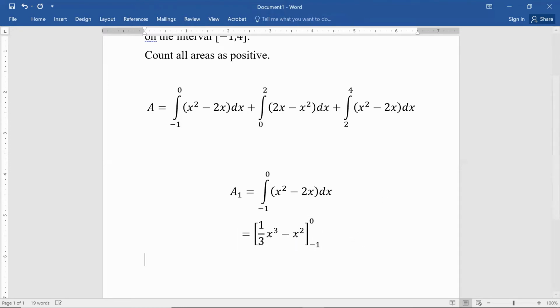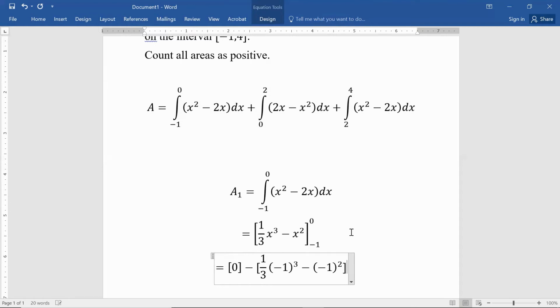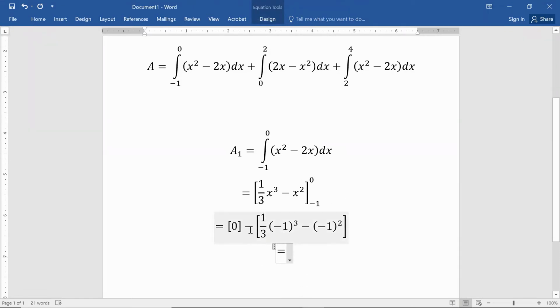Then I can plug in 0. This is a nice polynomial, so plugging in 0 gives me 0. Minus, what do I get when I plug in -1? I get 1/3 times -1 to the third power minus -1 squared. When it's all said and done, 0 doesn't do anything, but I have a minus 1/3 times -1 to the third.